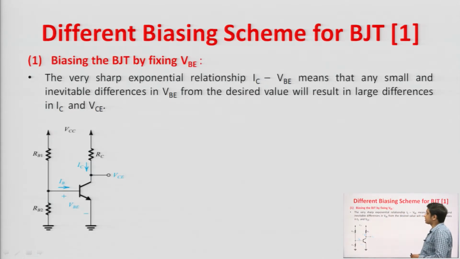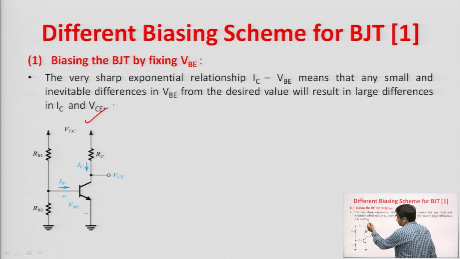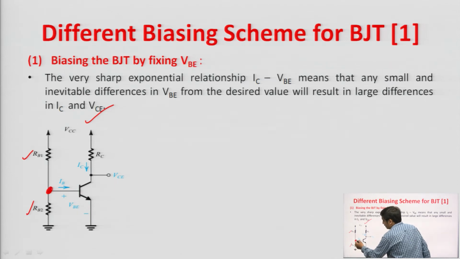The first biasing technique is biasing the BJT by fixing VB. So, this is the voltage divider circuit, you can see that this RB1 and RB2 forms the voltage divider and we can find out the base voltage. If RB1 and RB2 are fixed, then your base voltage will be fixed.